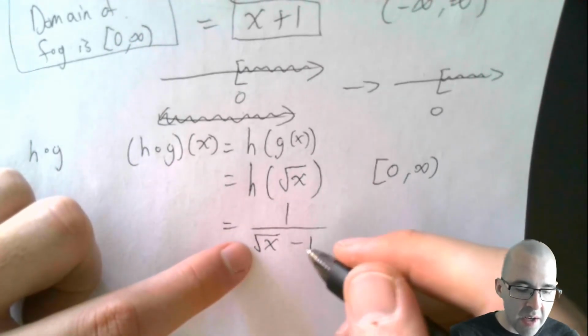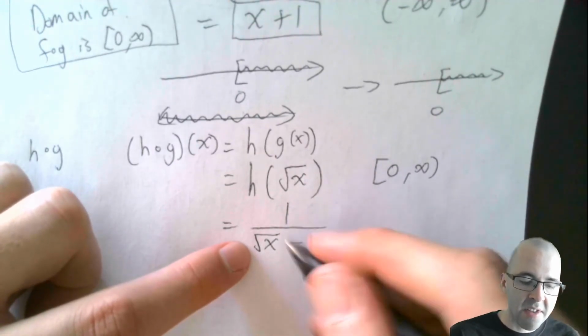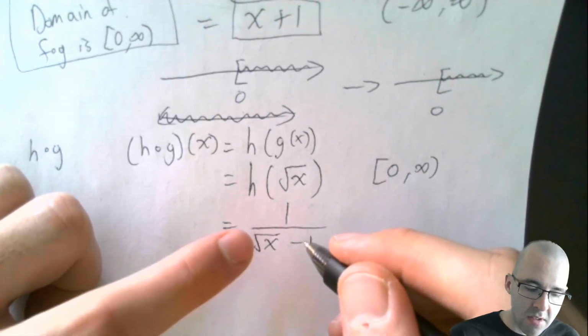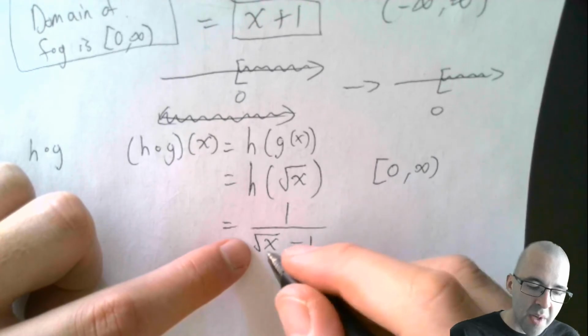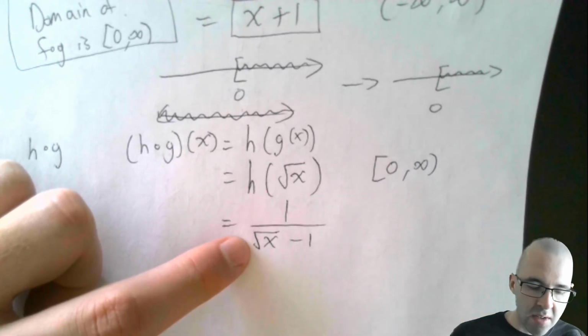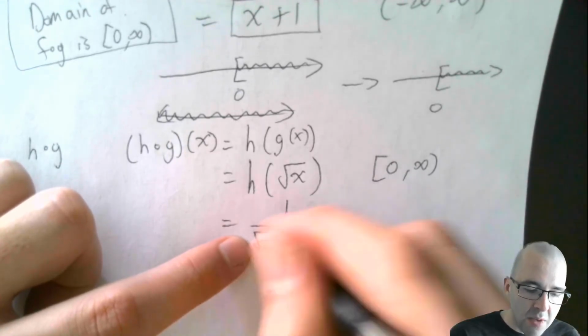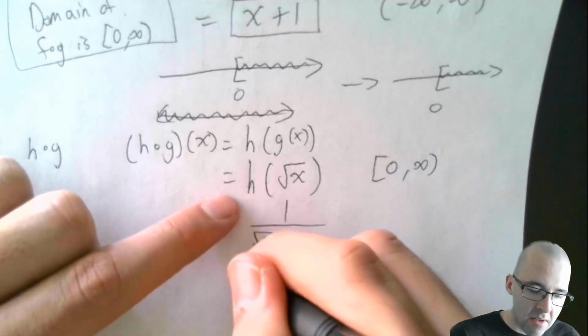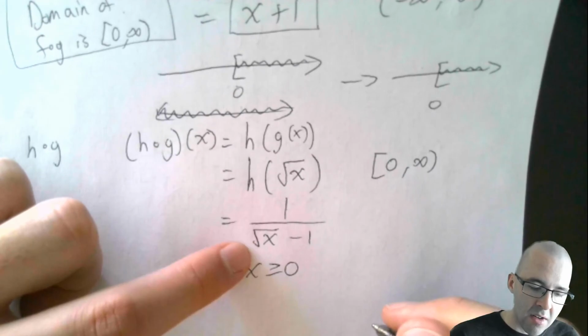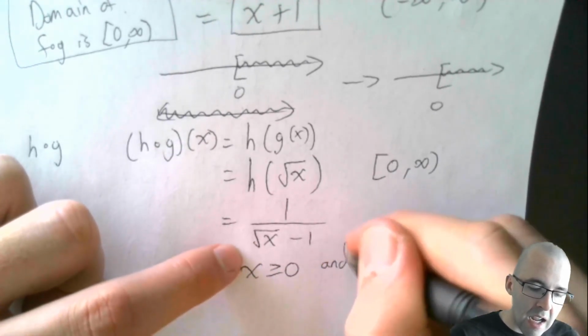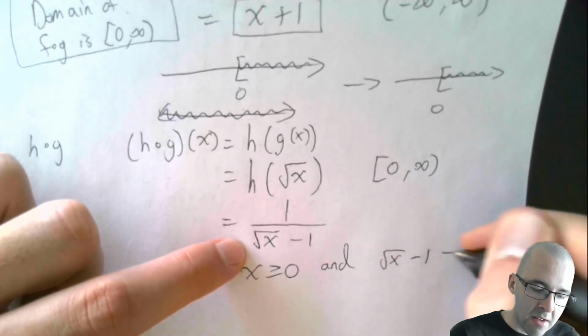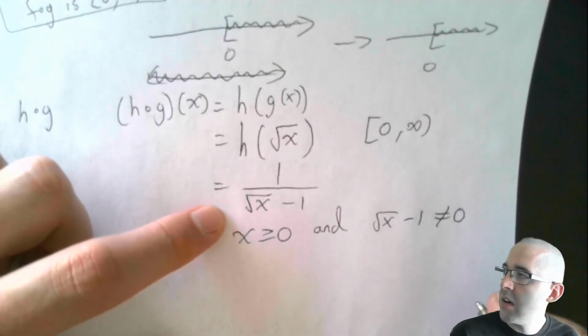And now we have to say, okay, what's the domain of this simplified function? Well, we still need x to be non-negative, and we need the denominator to not be 0.